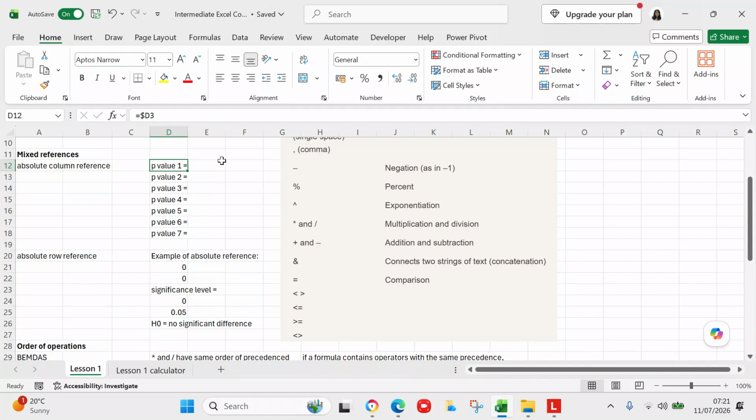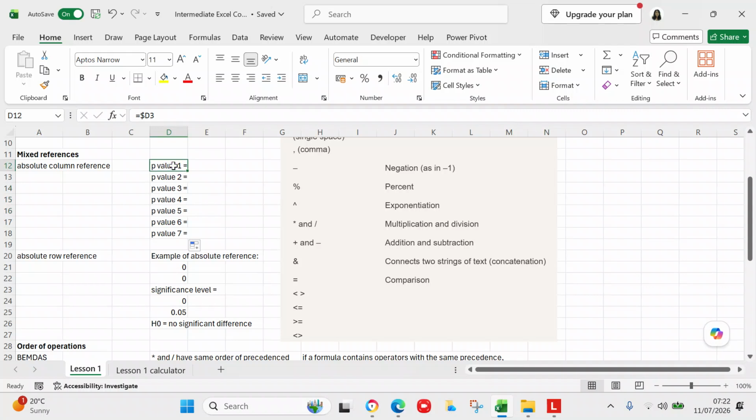That means it's always going to be on the D column, but it doesn't matter what the row is. We're going to copy and paste it all the way down to number 7. Okay, so you can see $D4, $D5, $D6, $D7.